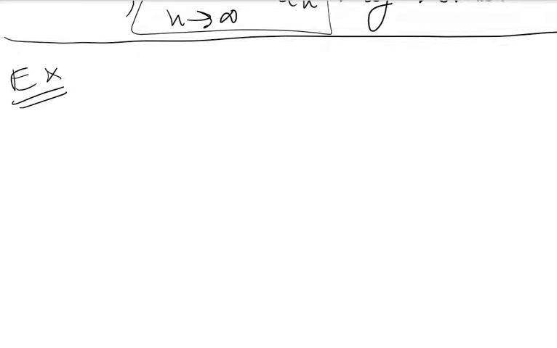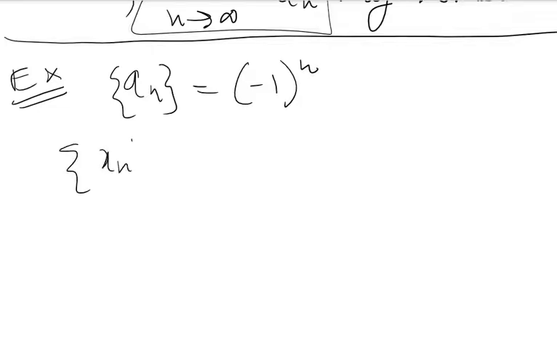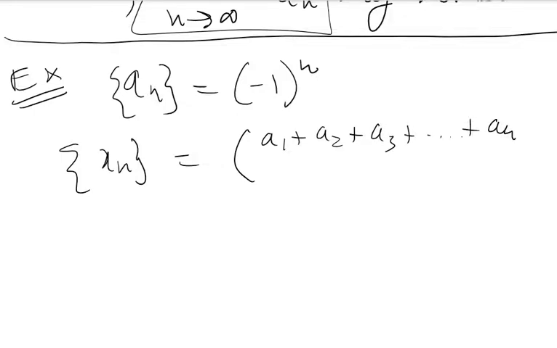Suppose I take an to be minus 1 to the power n and xn to be the same thing, a1 plus a2 plus a3 plus dot dot dot right on till an, divided by n. So let's see this limit.